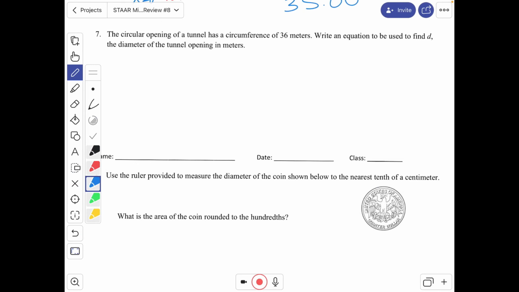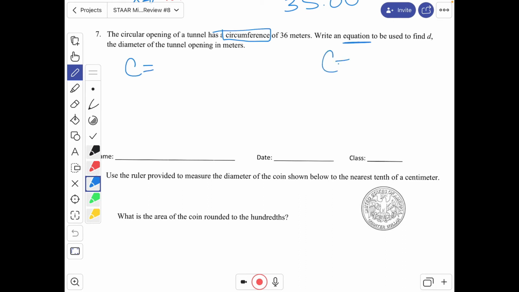Number 7, the circular opening of a tunnel has a circumference of 36 meters. Write an equation to be used to find d, the diameter of the tunnel opening in meters. So they're not wanting you to work something out. They want an equation. And we're talking about circumference. So we need the formula for circumference.